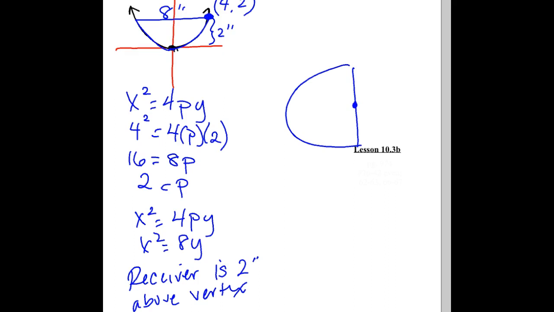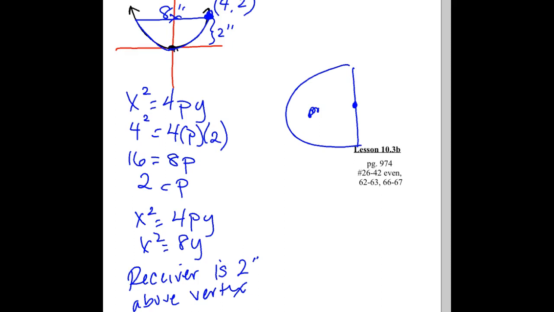The light bulb is not on the outer edge of your headlight. It's back in here somewhere. So just because in that particular example, our focus landed right on that focal chord, doesn't mean it's always going to be that way. So you have to find some point, like this (4, 2), that works and back up and figure out what p has to be.